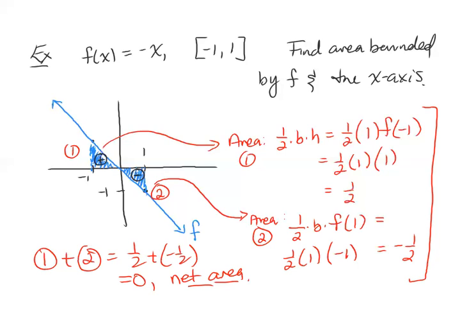So it's the difference between area above the x-axis and area below the x-axis. Okay. So it looks like if my function f is not necessarily above the x-axis, not necessarily non-negative, a Riemann sum will give us net area.